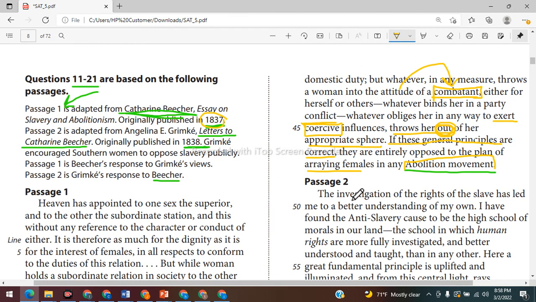Abolition means abolishing something. They want to fight for their rights because they were slaves, and one party is saying we need to get all the women together, march down somewhere, and parade ourselves and fight for our rights to get out of slavery.